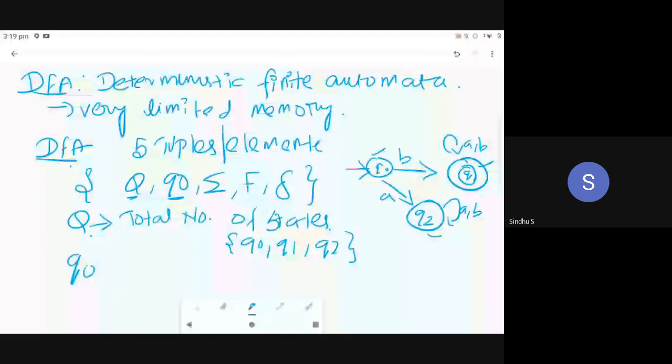The first tuple represents the total number of states in my DFA diagram, and the second element is Q0. May I know what the representation Q0 means? Ma'am, the initial state. Exactly, the initial state. And how will you know that a particular state is the initial state? During representation, how will you represent the initial state so that it differs from other states in your diagram?